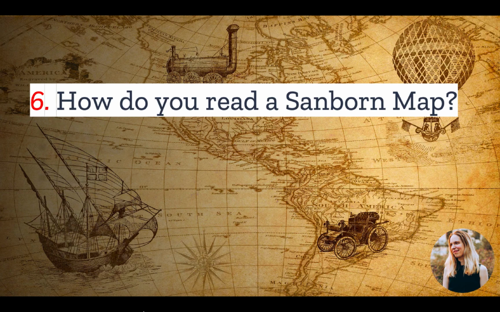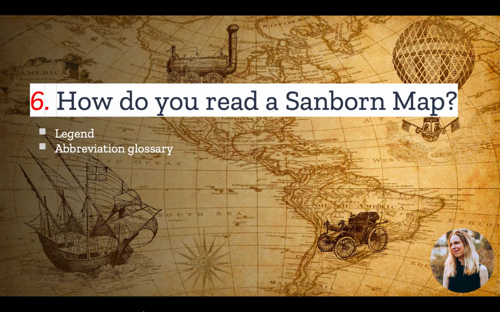And finally, number 6. How do you read a Sanborn map? Well, you should start with the legend. This is typically found on the first or second page and varies from year to year. The legend will tell you what each symbol in the map means. If you haven't read a Sanborn map before, you may also want to check the abbreviation glossary.